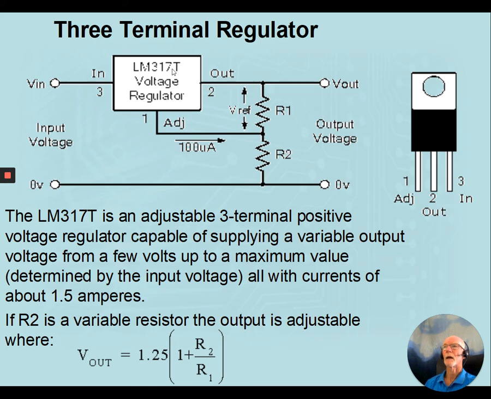For example, if you connected an LM317 to a 20 or 18 volt input, we could then vary its output from 1 up to about 15 or 16 volts.